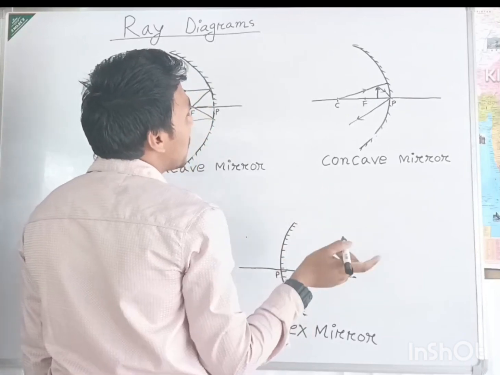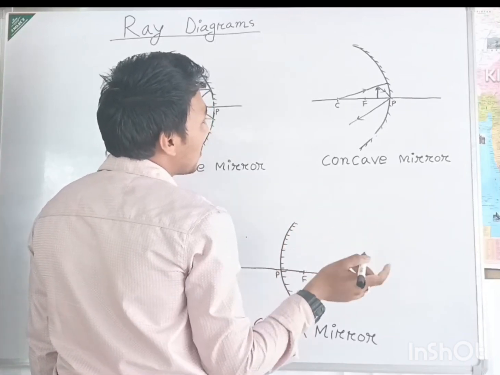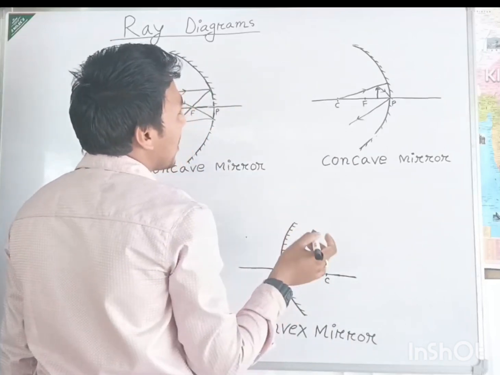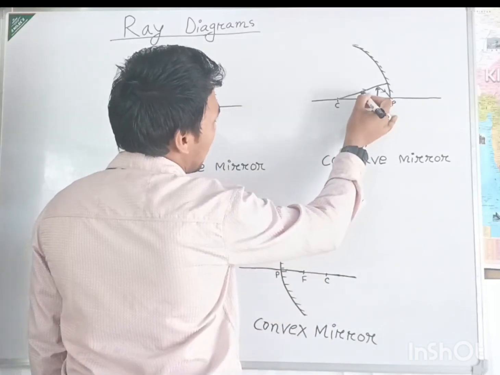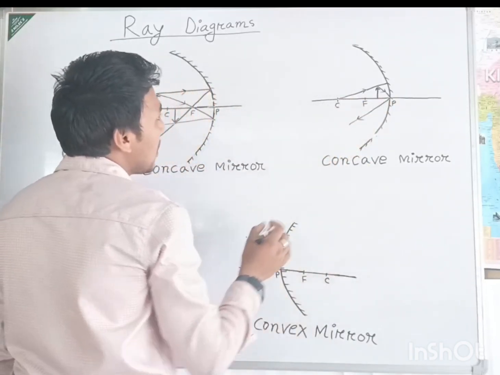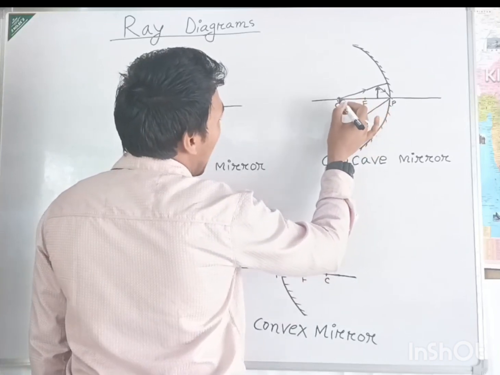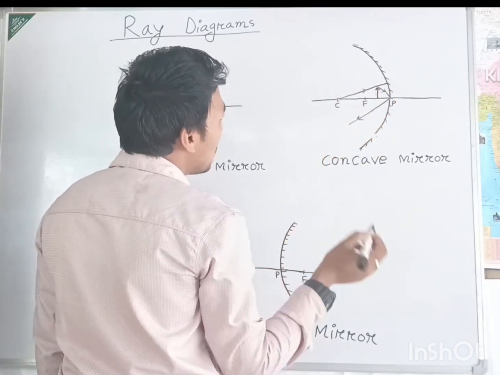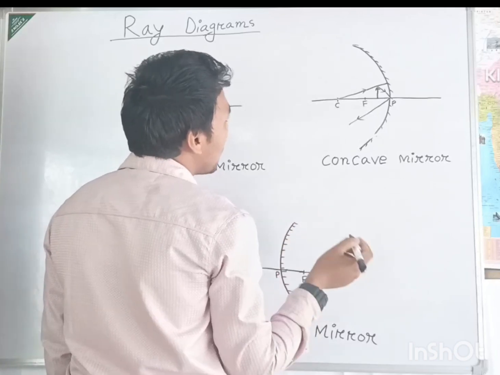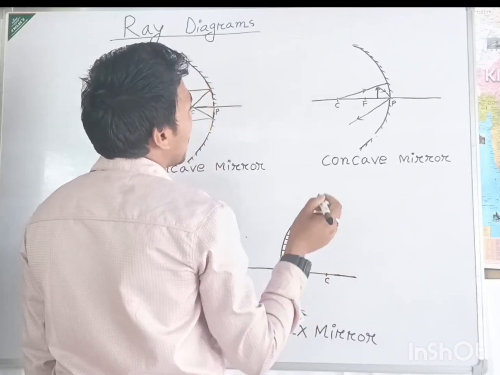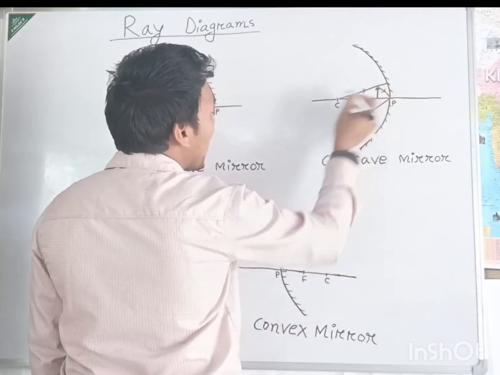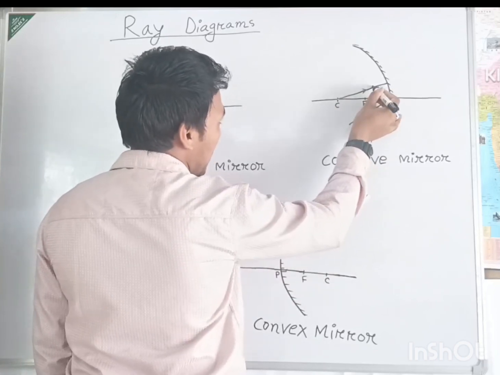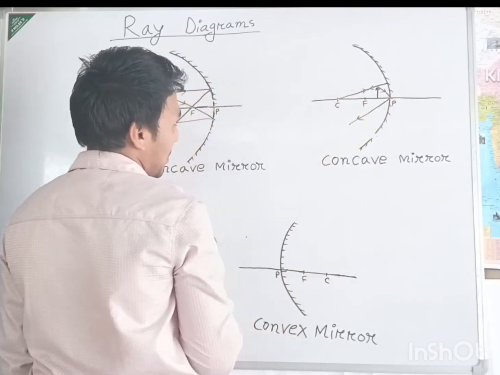When you draw a ray diagram, use a pencil and scale and try to make these lines straight. Now I have passed a ray through the curvature. In the concave mirror rules you already have that when a ray is passed through the curvature, it will return back along the same path. It will return back in this way.